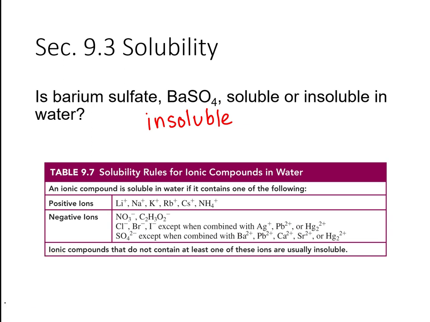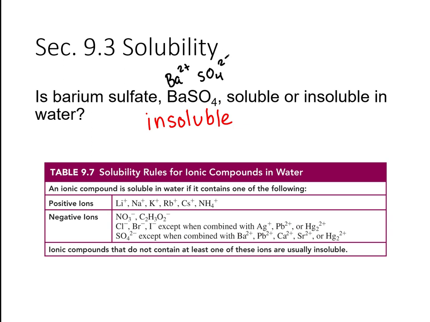So I know there is insoluble with a question mark, so let's make sure we remove that question mark. We've got two ions: the barium ion and the sulfate ion.